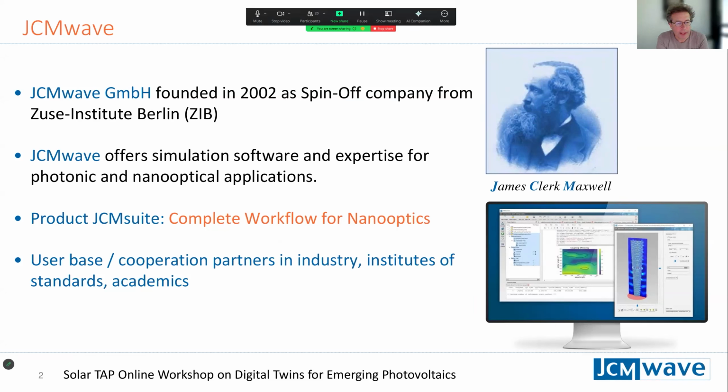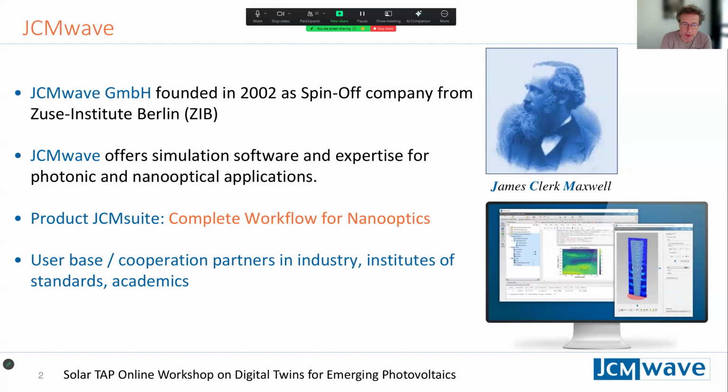We develop simulation software based on finite elements and also expertise for photonic and nano-optical applications. Our product is mainly the complete workflow as offered in JCMsuite, but of course also expertise in consulting projects and so on. And we have a user base and cooperation partners in the industry.